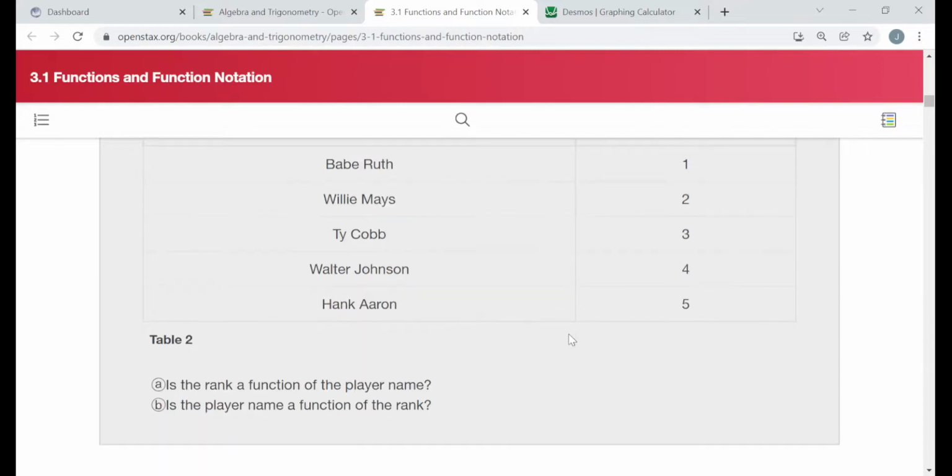And then look at part A. Is the rank a function of the player name? Remember how I said A is a function of B. I'm going to come back here and I'll have this written out.